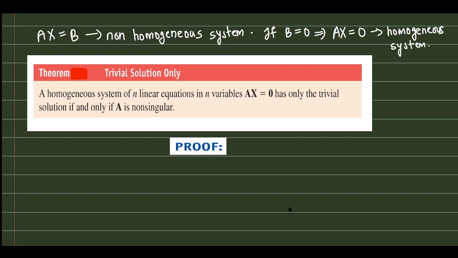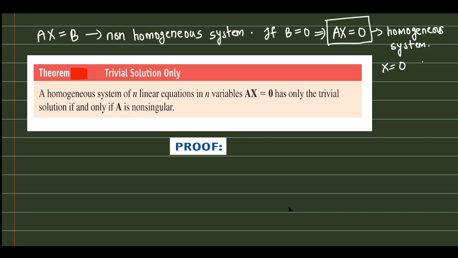A homogeneous system is a system of equations whose matrix form is Ax equal to 0. That is, the RHS will be 0. We see that if you put x equal to 0, then it will satisfy this equation because A into 0 will be 0 and the RHS is already 0.